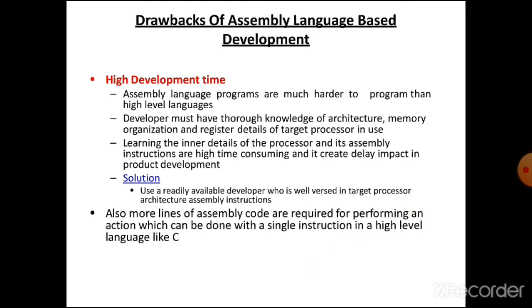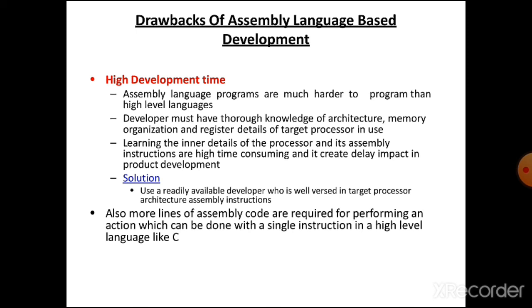Then what are the drawbacks? High development time. Assembly language programs are much harder to program than high level languages. So the developer must have thorough knowledge about the architecture, memory organization, and register details of the target processor in use.